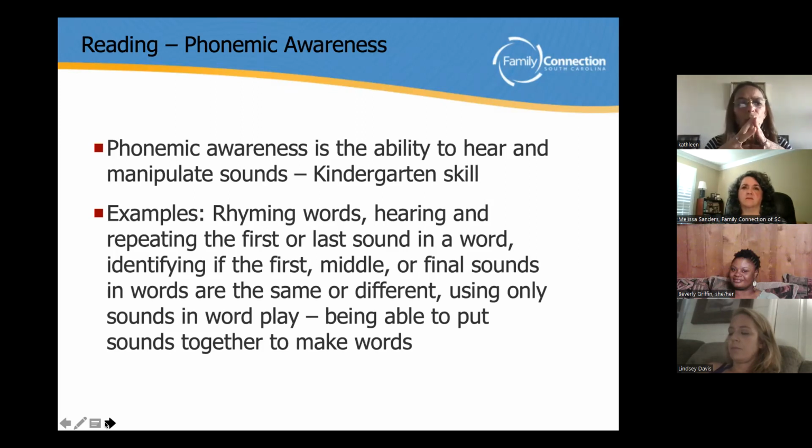We want them to get the sounds first, and then we add the letters. We want to get them to not, because they're going to have difficulty once you stick those letters in there. So we want them to gain confidence in being able to hear and distinguish sounds, okay?